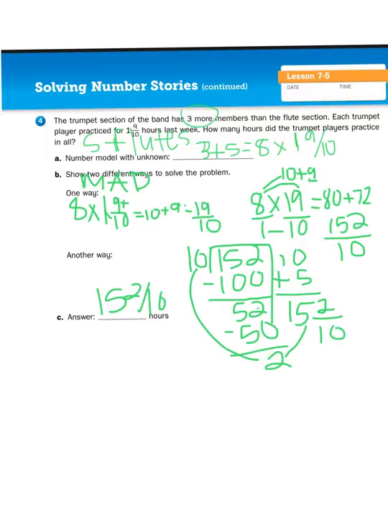I'm going to do it down here because I'm running out of room. All right, 8 times 1 9/10. So I'm going to multiply 8 times my whole number first. 8 times 1 equals 8. And then 8 times 9/10.